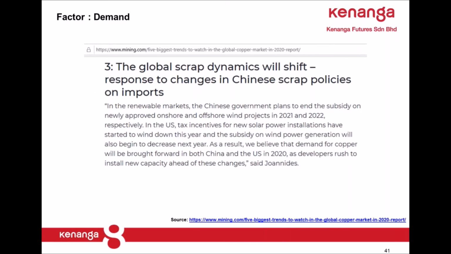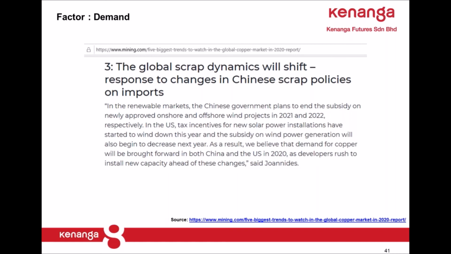And this is another reason why the price of copper has been going up. As you can see, for this year, both China and the US are giving subsidies or tax incentives for new solar power installations in their respective countries, and the subsidy or tax exemption will end at the end of this year.